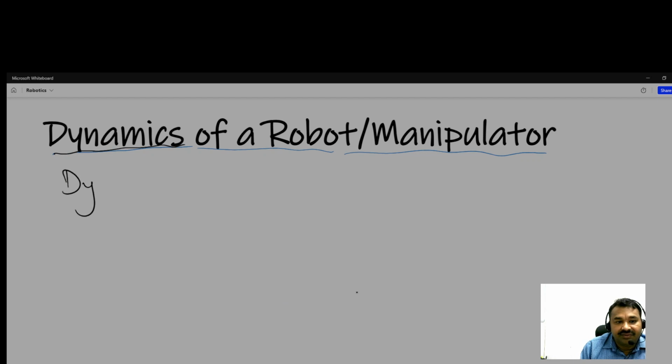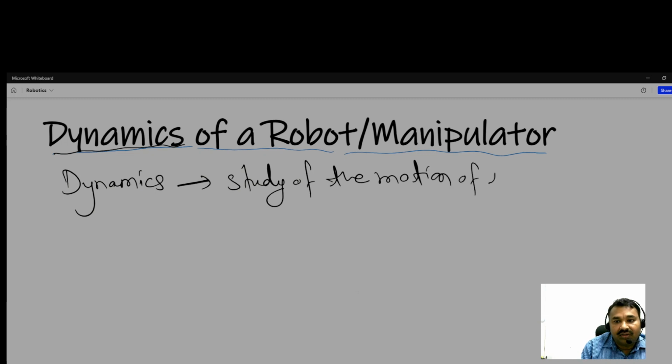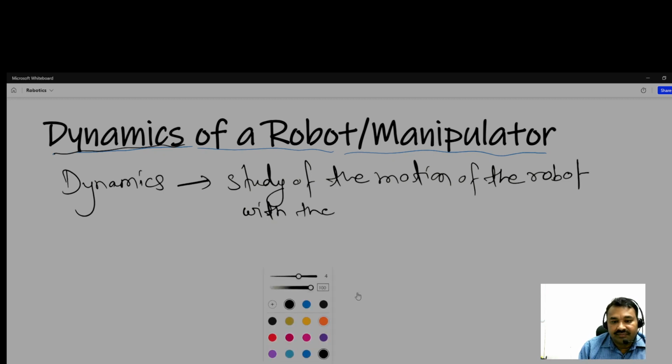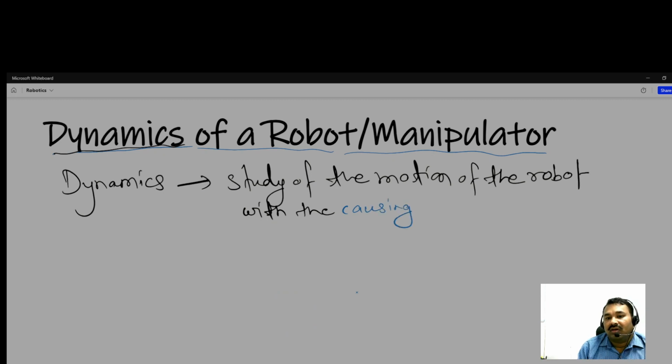Dynamics means the study of the motion of the robot with the causing either forces or the torques.